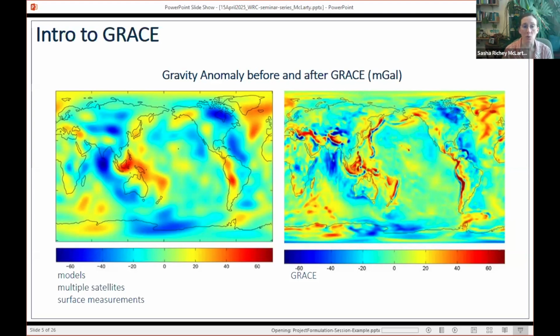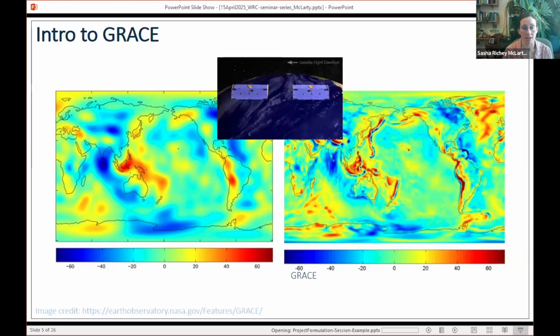So more specifically, the way GRACE is detecting these changes, again, these satellites are flying together as a pair. And as the front satellite comes up to more mass on land, the gravitational pull of that mass causes the front satellite to move further from the second satellite. So that front satellite is getting pulled down toward that mass, and the distance between the satellites is increasing.